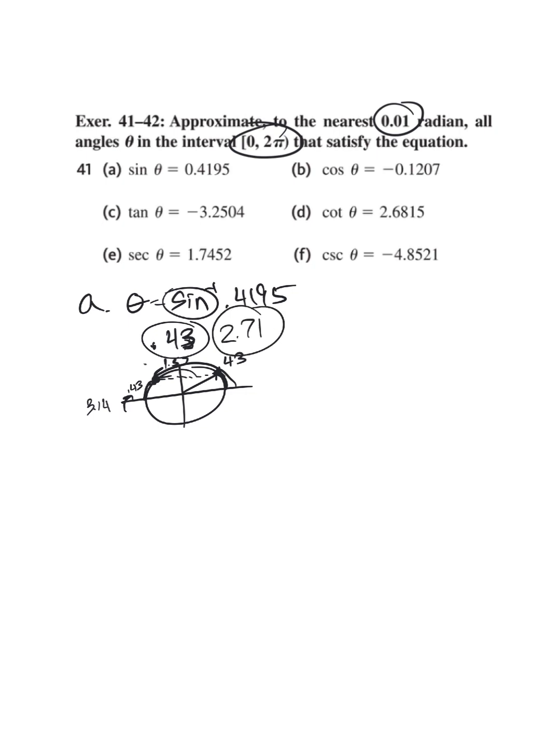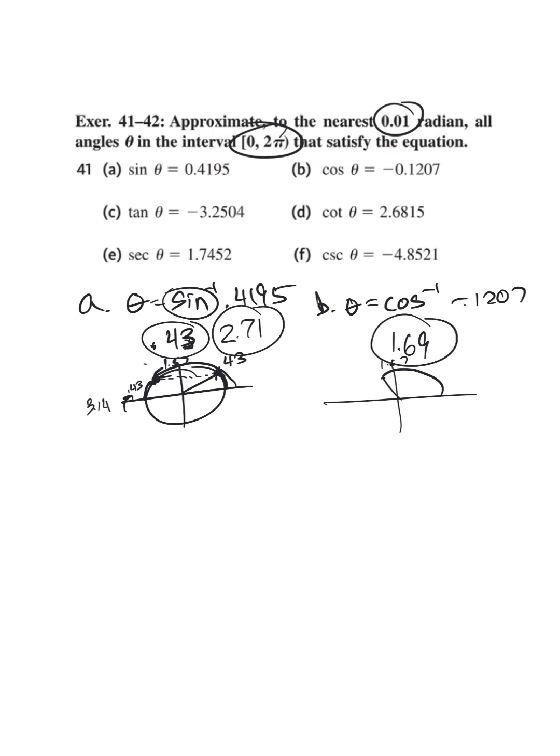All right, and B, we take the arc cosine of negative 0.1207. So 0.1207 negative, and arc cosine of that, and that's 1.69. Okay, so again, 1.57 is at the top, 1.69 is just past that. So that's the first one, and this is the x value here.